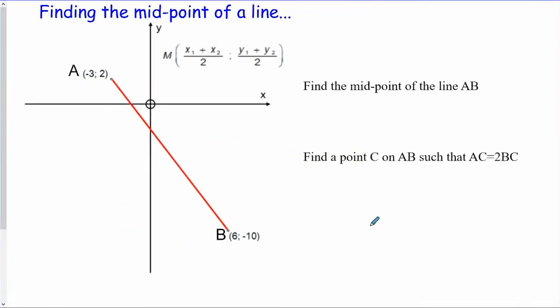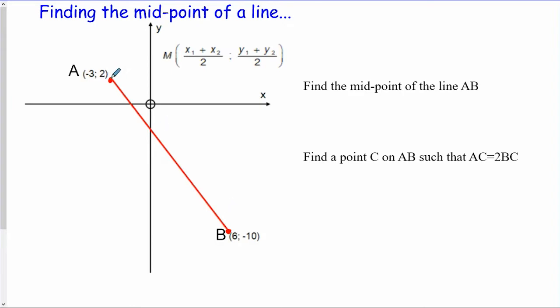Let's now look at finding the midpoint of a line, and maybe this is where you'll see the way I prefer to do this. To find the midpoint of this line, I ask, what's happened to my x value as I've moved across? I've moved across by 9. Half of 9 is 4.5.